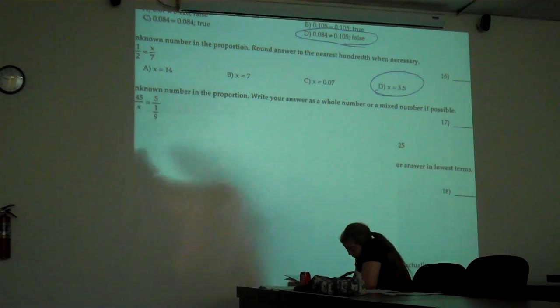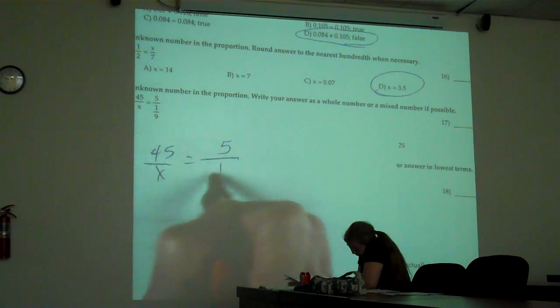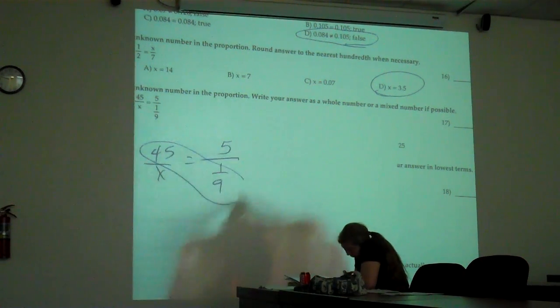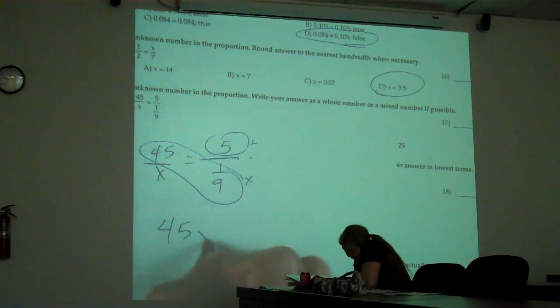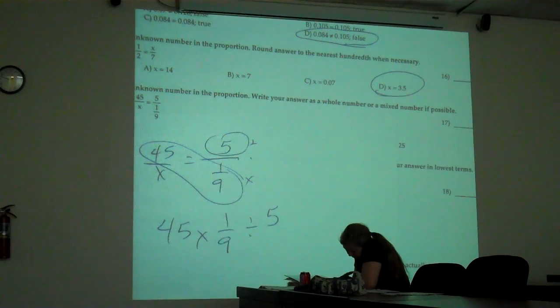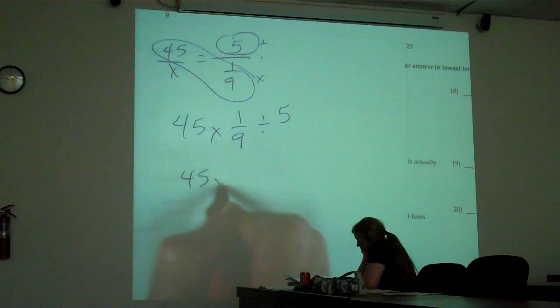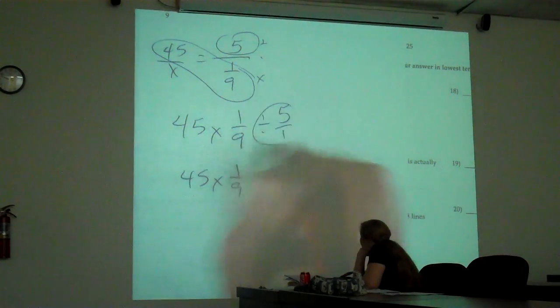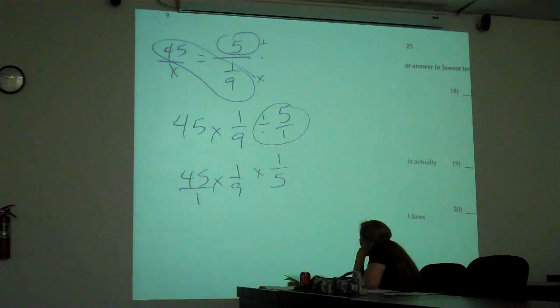Okay, 45 over x equals 5 over 1/9. Multiply, divide. 45 times 1/9, and you're dividing by 5, so you're going to multiply by the reciprocal. You can do a lot of dividing there.